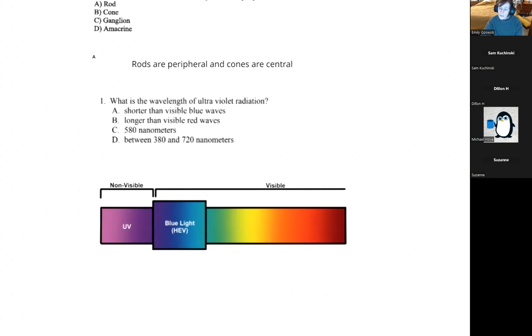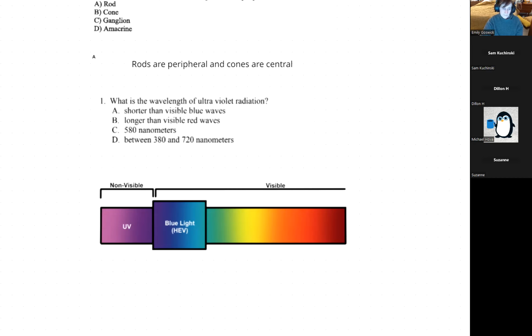It's shorter over here and it gets longer over here. So that's going to help us eliminate some of these. It says longer than visible red waves. Well, red waves are way over here, in the visible light spectrum. So if you're seeing anything that says visible, that means it's going to be over here and it's going to be longer.